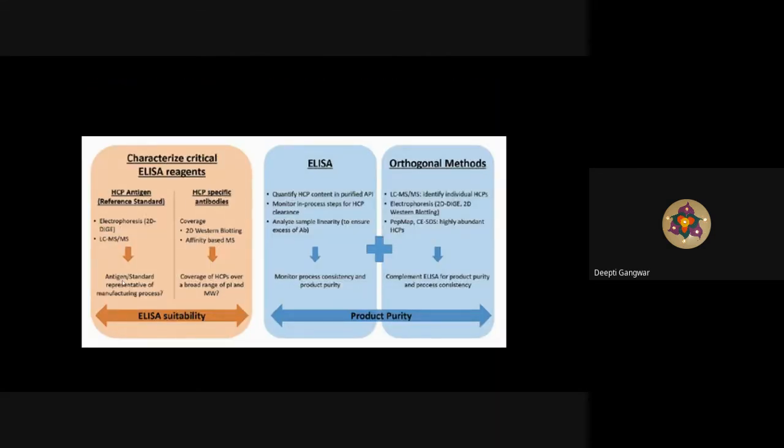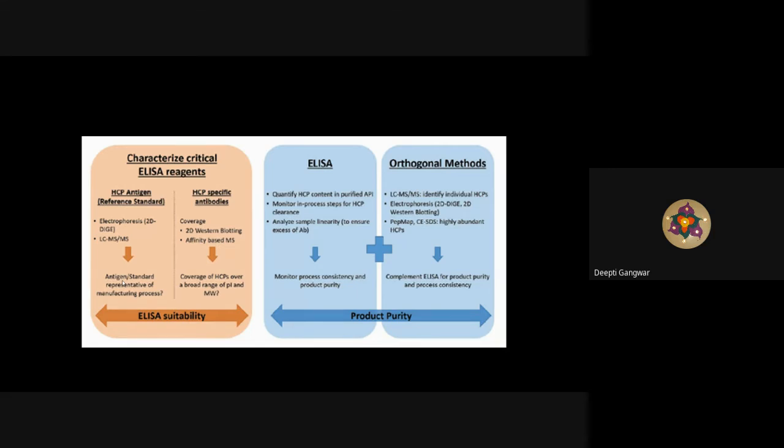So what is the current regulatory expectation? As I initially mentioned, being a part of critical quality attributes, you have to always show what level of antibody coverage your antibody is able to achieve. And then there are certain limitations of ELISA. As I said, 20 to 30% of your HCPs will not be detected by ELISA.